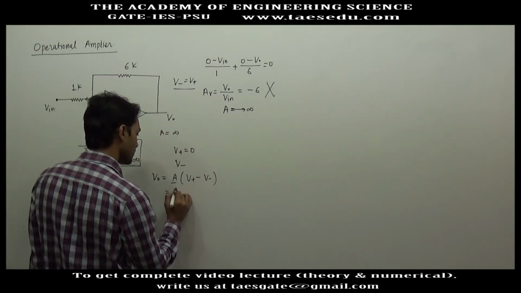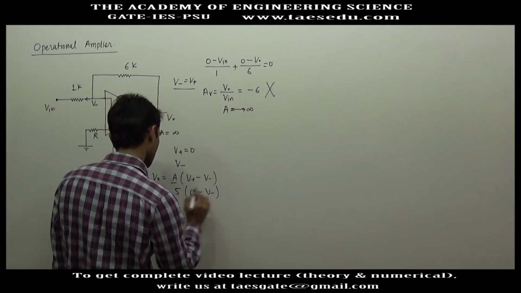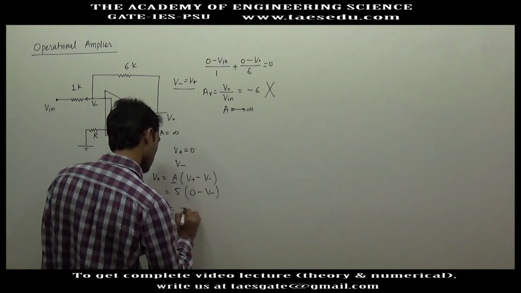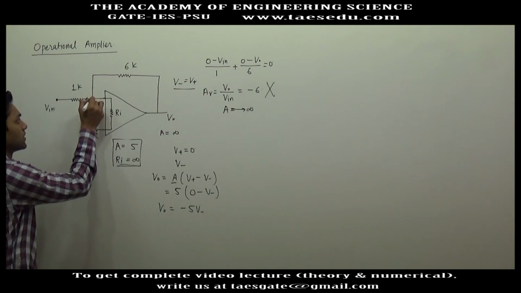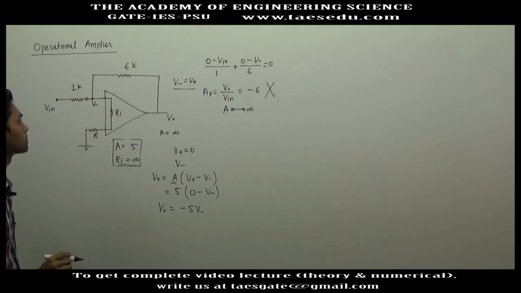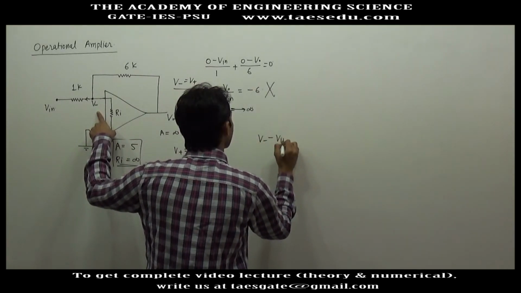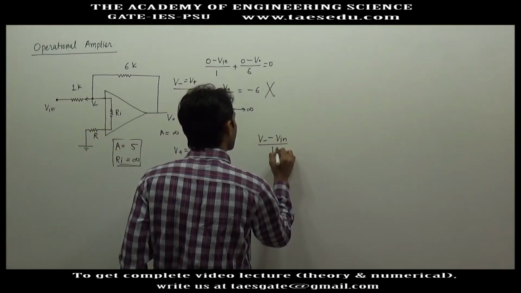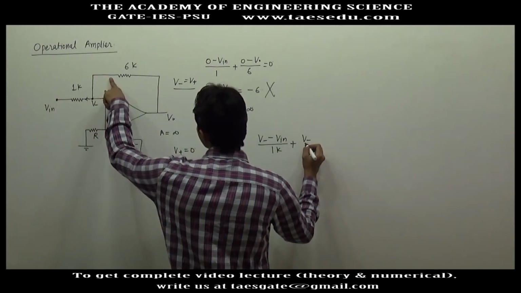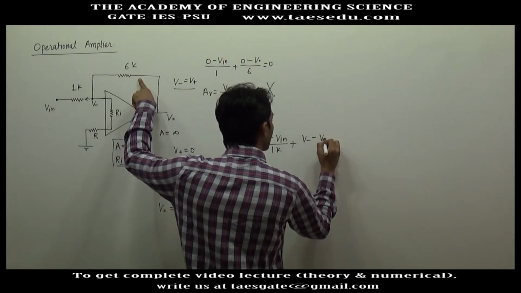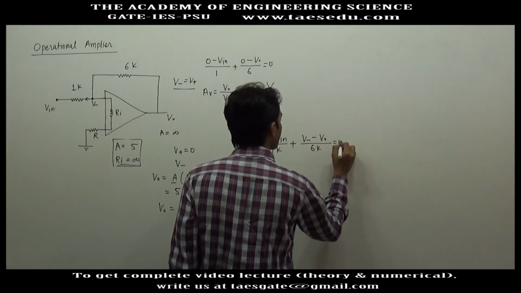The open loop gain is 5, V plus is 0 minus V minus, so V0 will be minus 5 into V minus. Now we will apply KCL here. We write (V minus minus V input) divided by 1K plus (V minus minus V0) divided by 6K equal to 0.